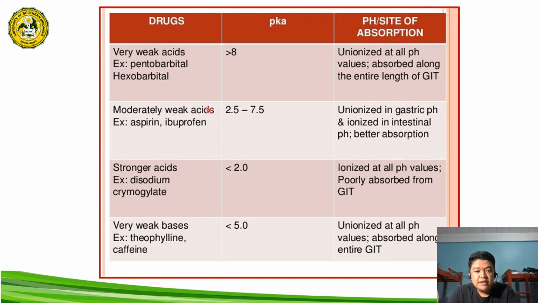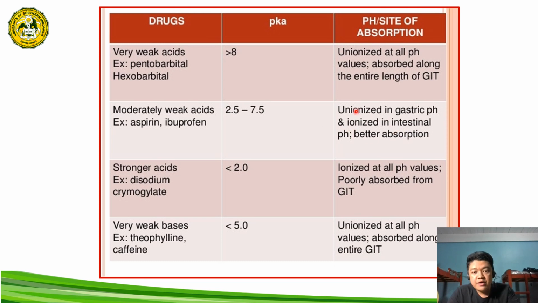We also have the moderately weak acid drugs such as aspirin and ibuprofen. They have a pKa value that ranges from 2.5 to 7.5. So this particular drug will be unionized in gastric pH and ionized in the intestinal pH. It has a better absorption.